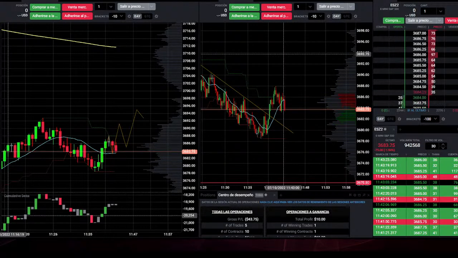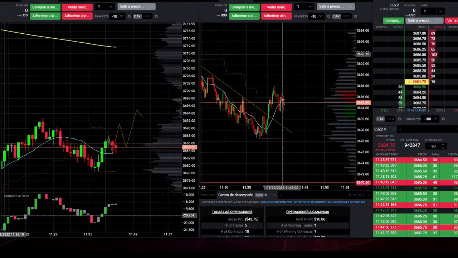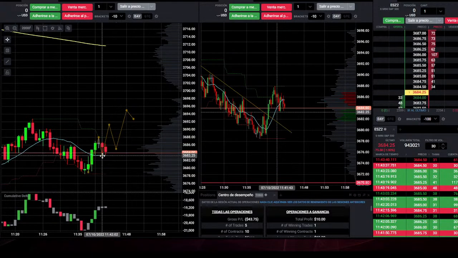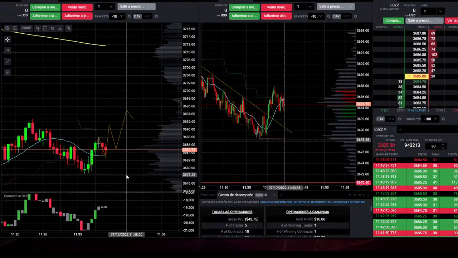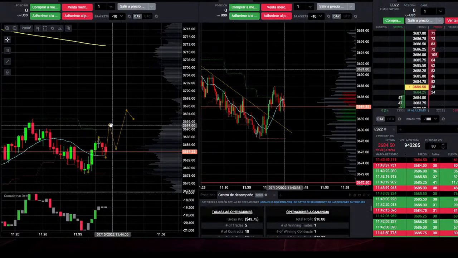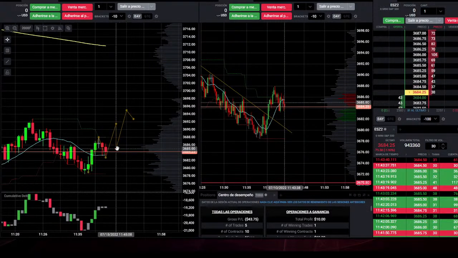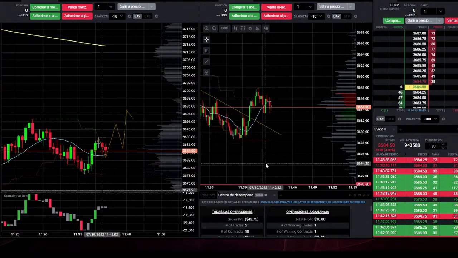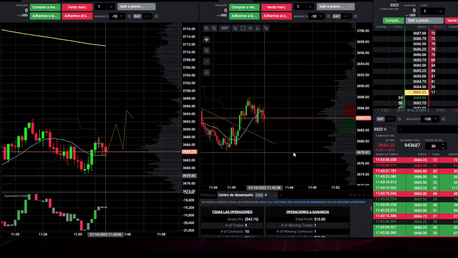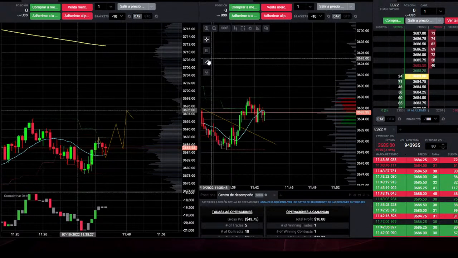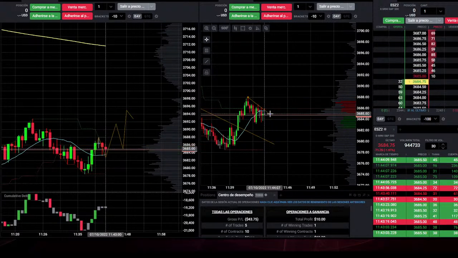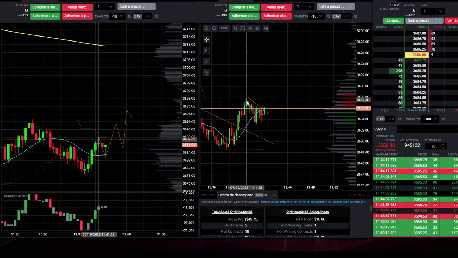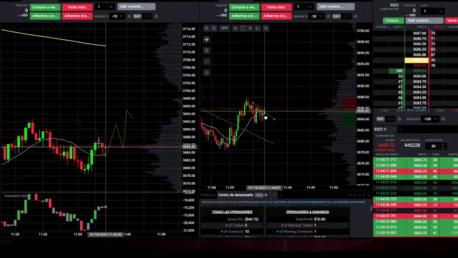Here you can see another trend line. Like these things of, yeah, it's going up or no. You feel me?